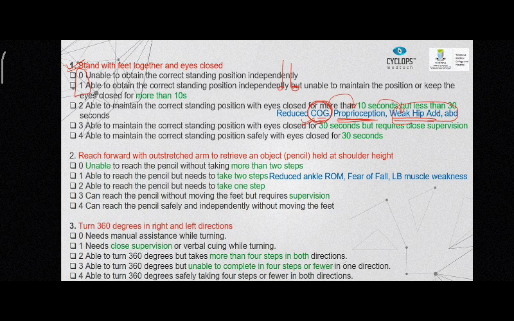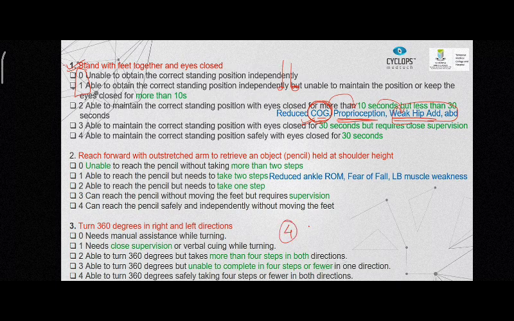Then we ask the patient to turn 360 degrees in both directions, clockwise and anti-clockwise. If the score is 1, he needs close supervision or verbal cueing while turning. The score of 2 is when he is able to take a turn but takes more than 4 steps in both directions.